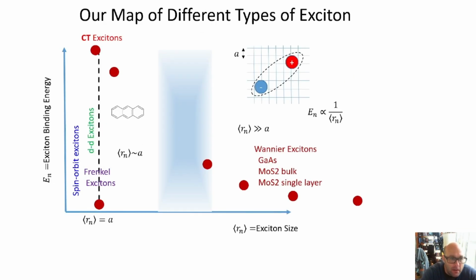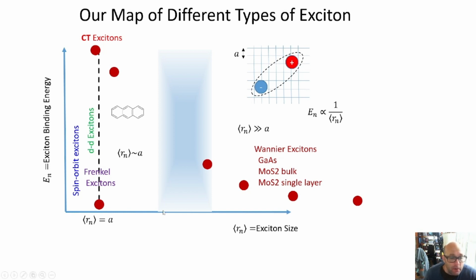Just to remind you, this is our pictorial framework for the different types of excitons in the zoological study. We're categorizing it by a combination of binding energy and average exciton radius, or exciton size, where the idea is that those two are somewhat correlated, in that if you have a larger exciton size, you'll tend to have a smaller exciton binding energy.